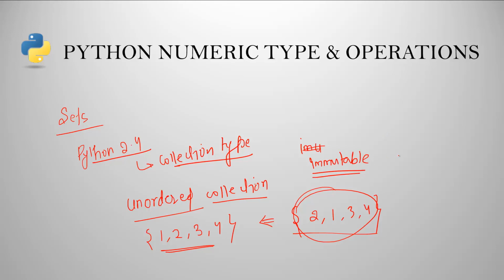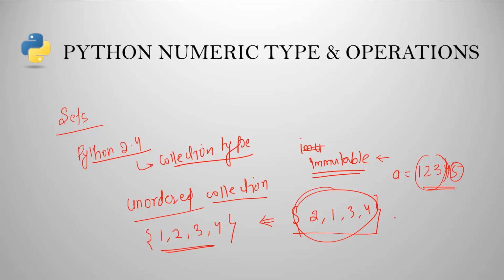Second thing, immutable objects. So what is immutable? Immutable basically means objects where we cannot do inline modification. Inline modification is like, if we create an object, you cannot insert a next value inside it. For example, if you create 1 2 3 4 and you want to add 5 at the end, you cannot.